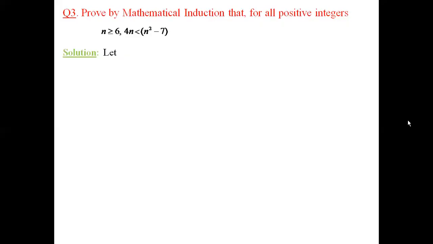So it comes to the case of the point that we have noted in the beginning theory part, that whenever n is greater than or equal to n naught, we will be proving the basic step for that value of n naught given in the question. So here we'll be proving the basic step for n equal to 6.